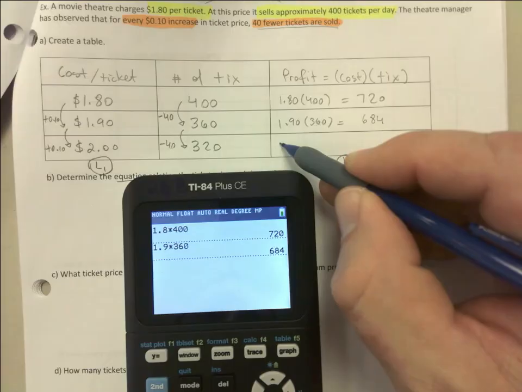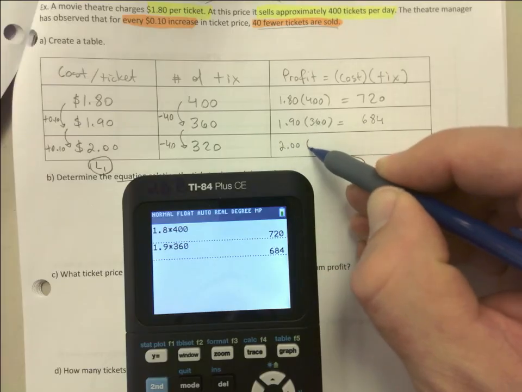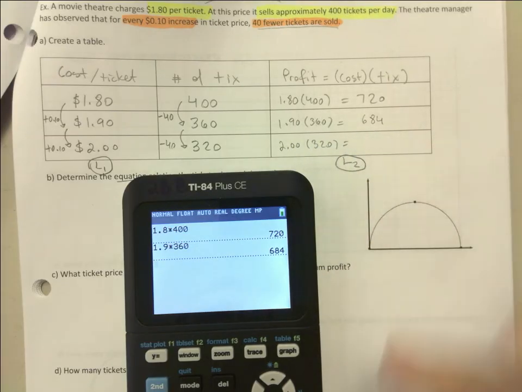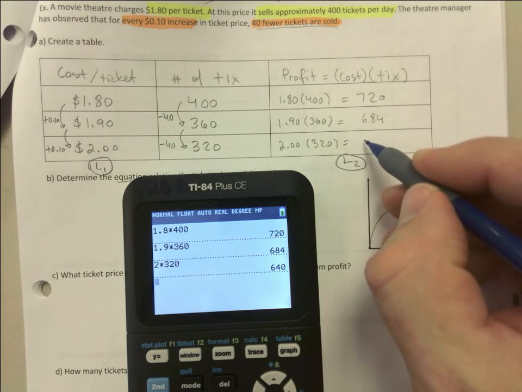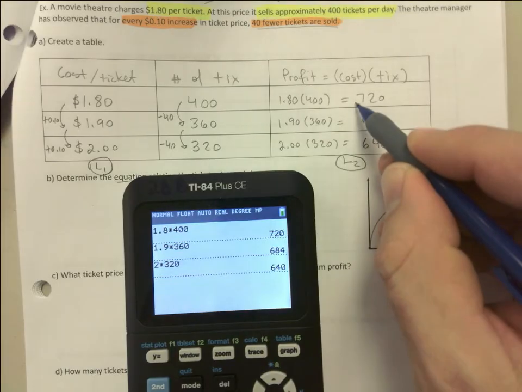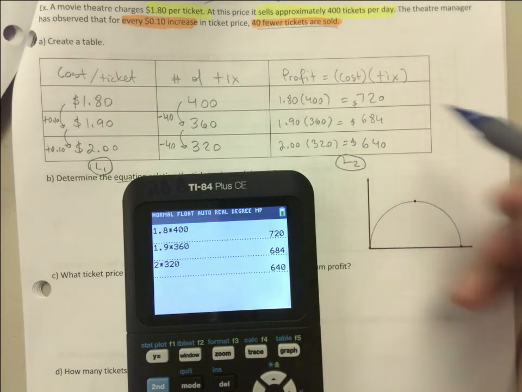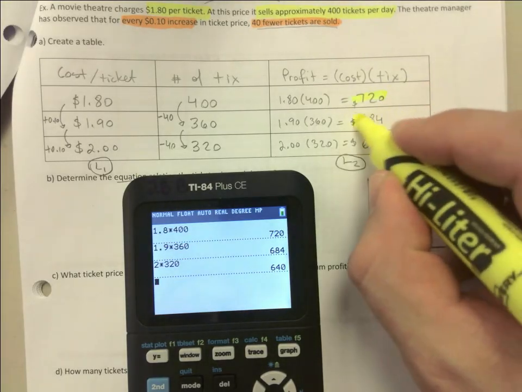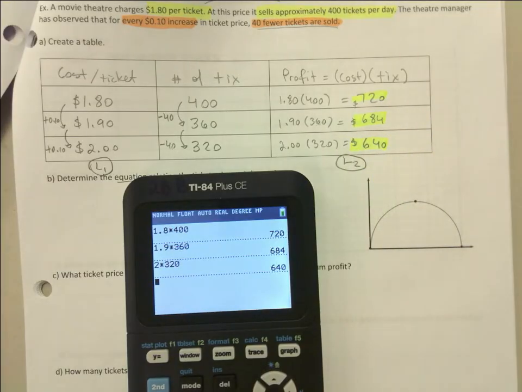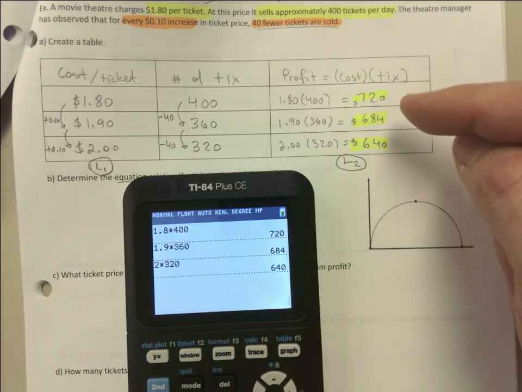Then it's $2 times 320, that's 640, right? So these are the values that we're going to be entering into L2. So it's basically just read, set it up, and come up with these values that you can enter into L2.